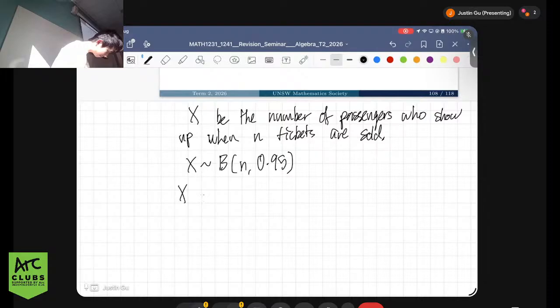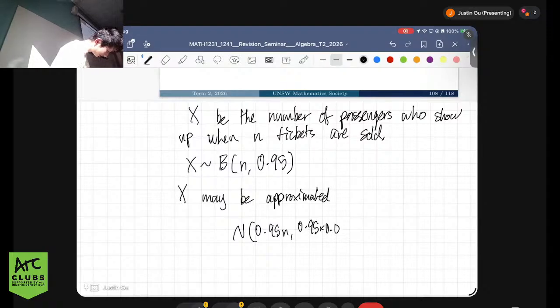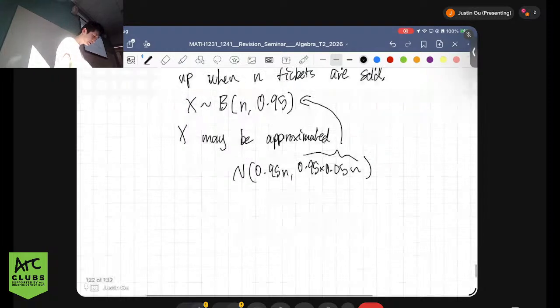So x may be approximated by the normal distribution with average 0.95 n and variance 0.95 times 0.05 n. Remember, this is the variance of this distribution, and we just say that's the same thing, right?